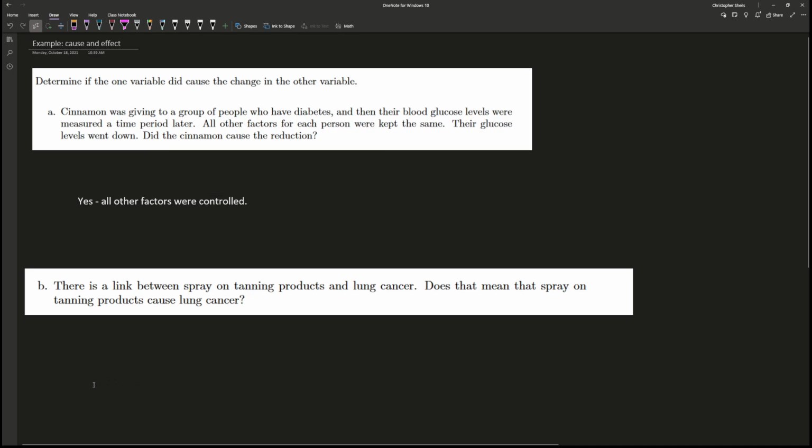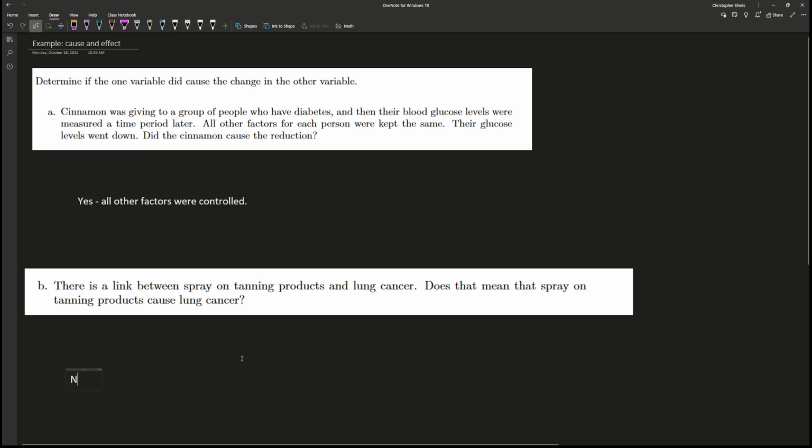There's a link between spray-on tanning products and lung cancer. Does that mean spray-on tanning products cause lung cancer? Here, we don't really have a study, do we? We just have that there is a link between these.